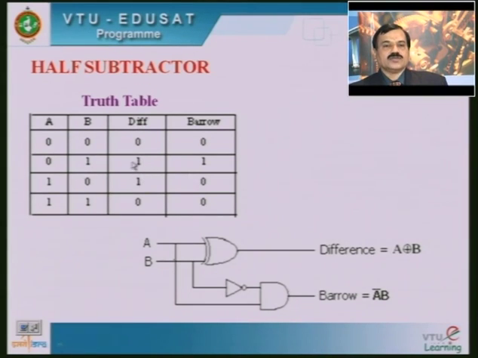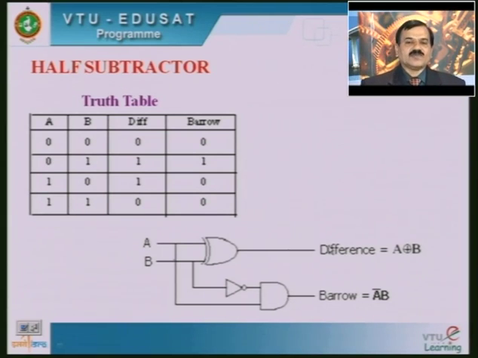For these two we take the products A bar B and A B bar, and summing them gives the difference value, which is nothing but the exclusive OR operation.